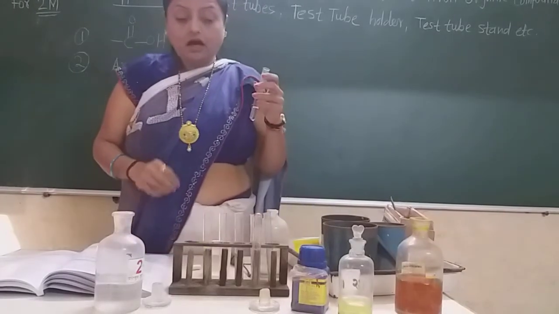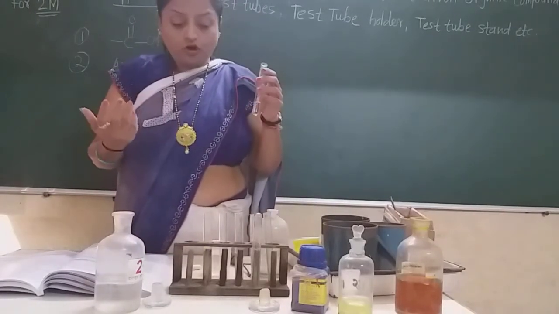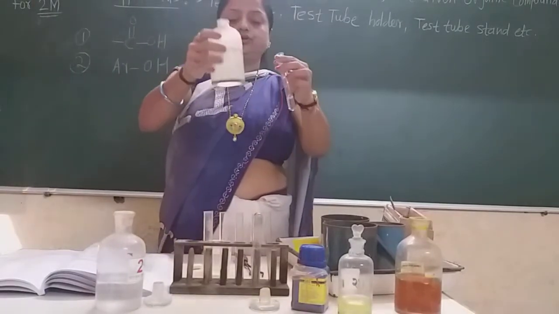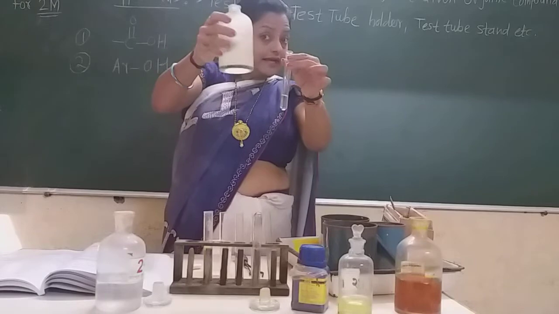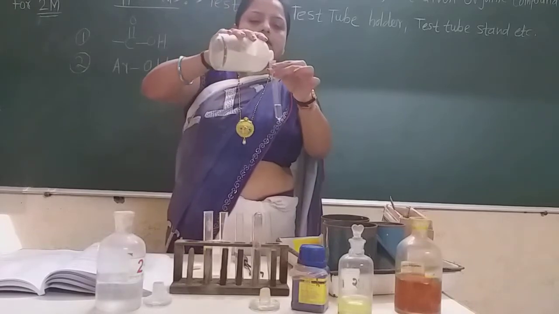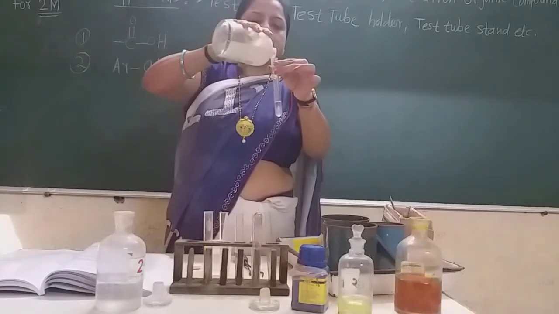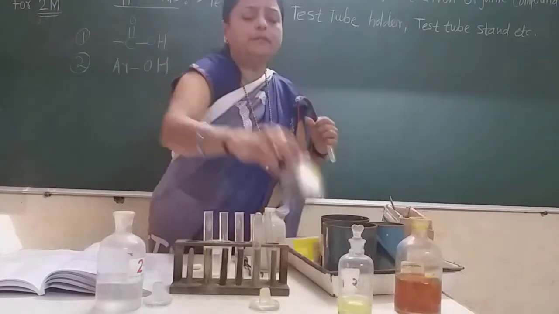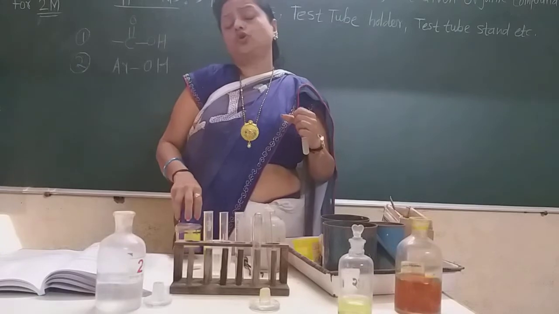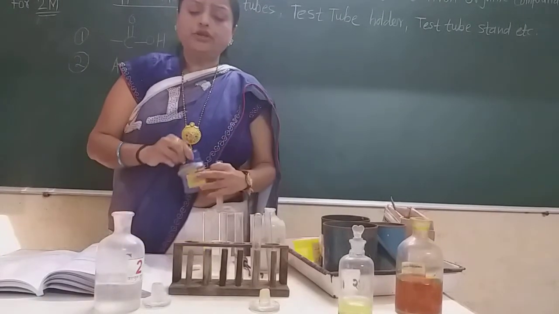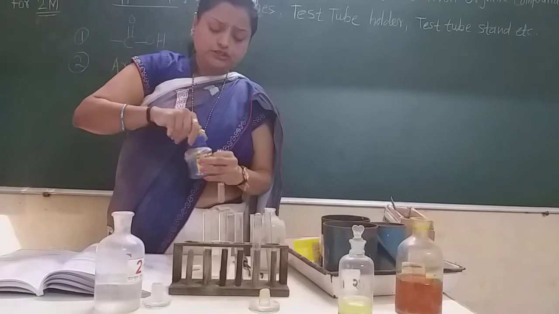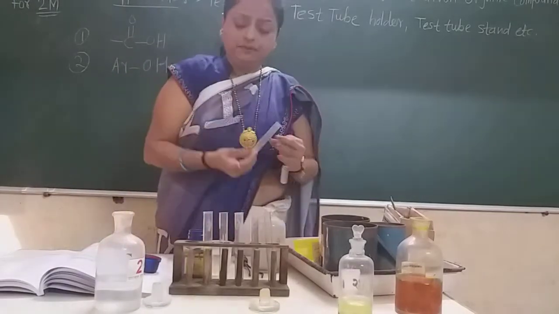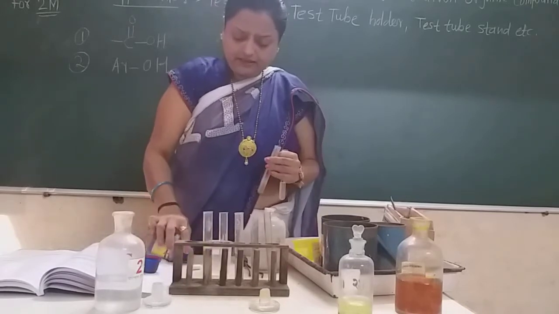Now see whether the red color is obtained or not. First add sodium hydroxide solution into the given liquid organic compound. I am adding the sodium hydroxide solution into that, and then you may directly add the solid sodium nitroprusside, or you can make a solution by adding water into that, and after that there will be a red coloration.